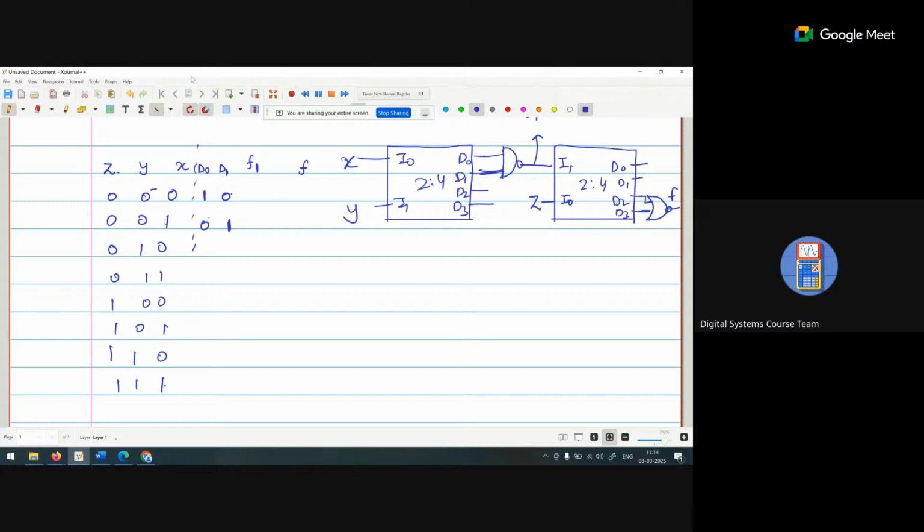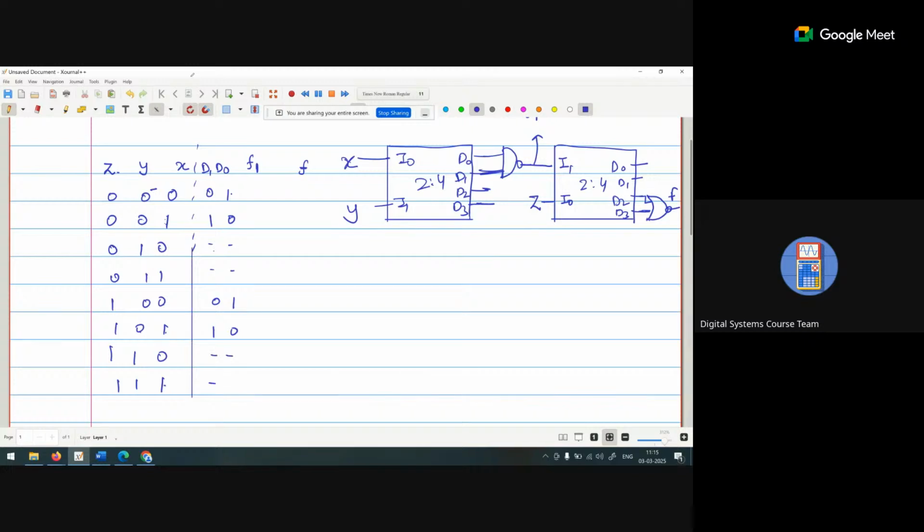Should I write it as D1 D0? Then it becomes 0, 1, 1, 0. For 1, 0, D2 is not used, and D3 is not used, so I am not taking the case of D2 and D3. Again 0, 0, 0, 1, 0, 1, it becomes 1, 0.